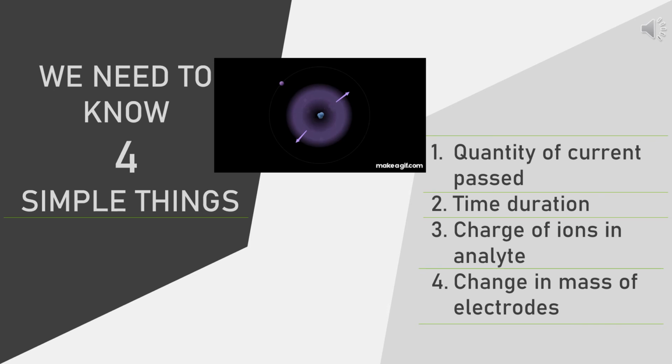To find Faraday's constant, we need to know four simple things: the quantity of current passed, the time duration, the charge of ions in the analyte, and the change in mass of the electrodes.